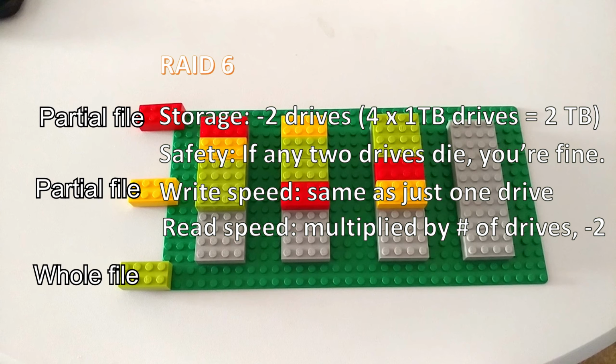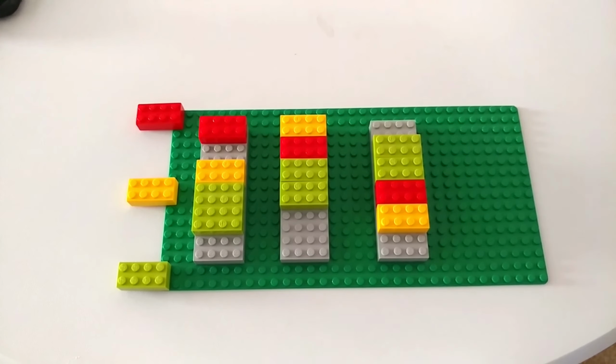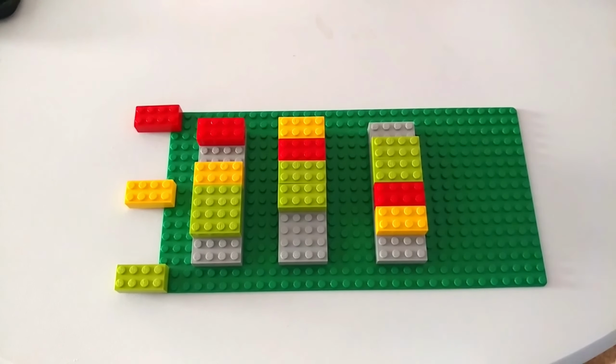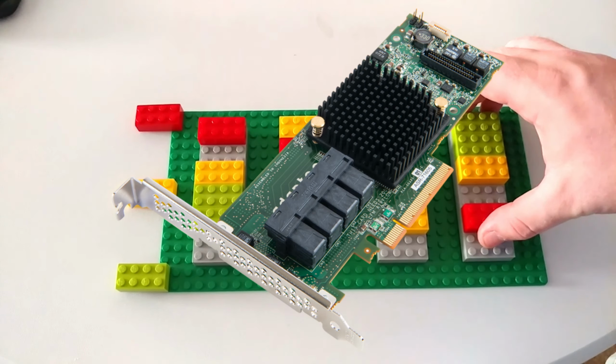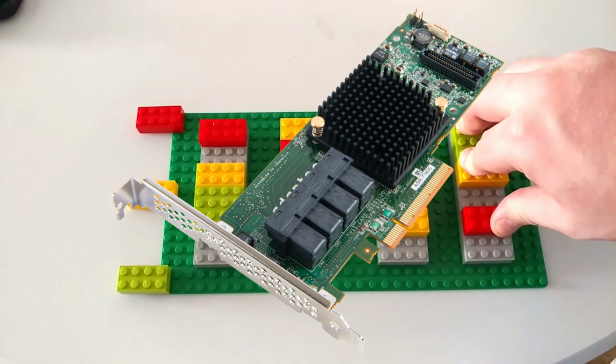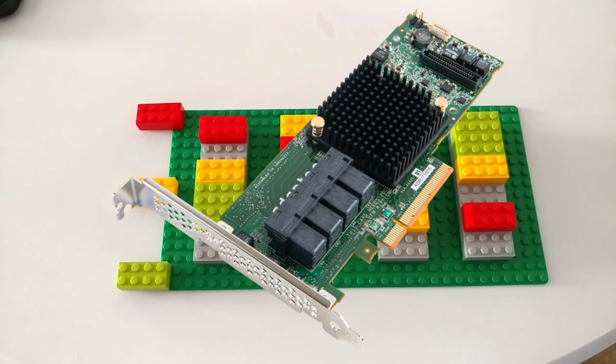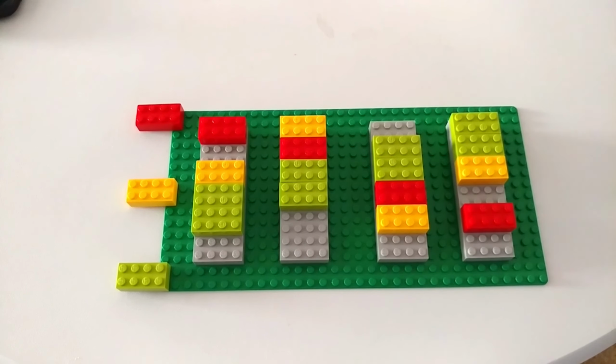Up until recently, it used to be that you had to use what's known as a hardware RAID controller, something that plugs into an expansion slot on your motherboard and has some hard drive cables on it, if you wanted to do RAID 5, RAID 6, essentially anything other than RAID 1 or RAID 0.